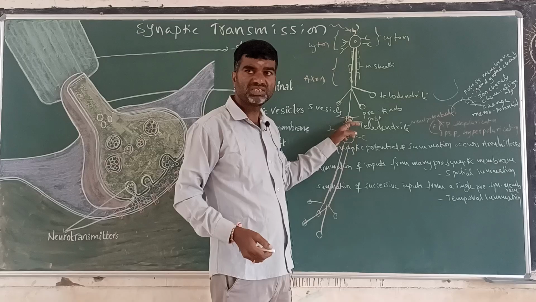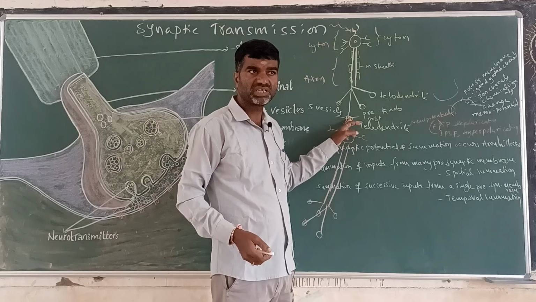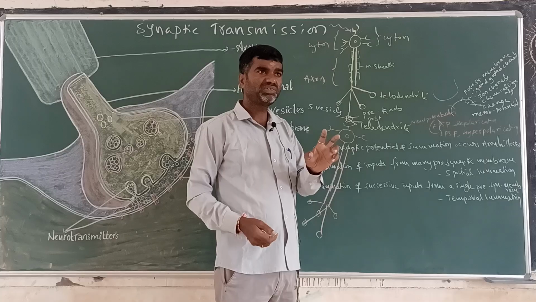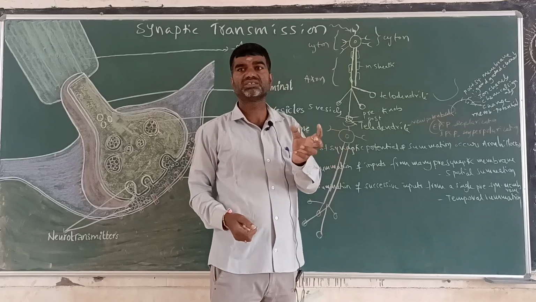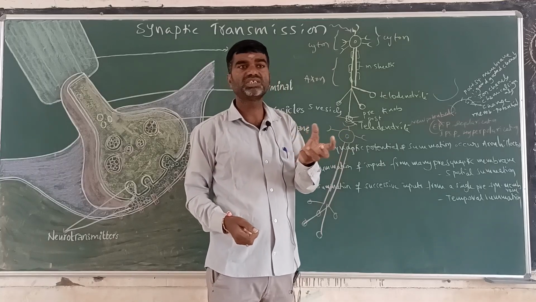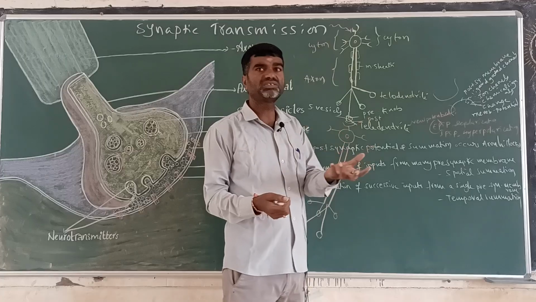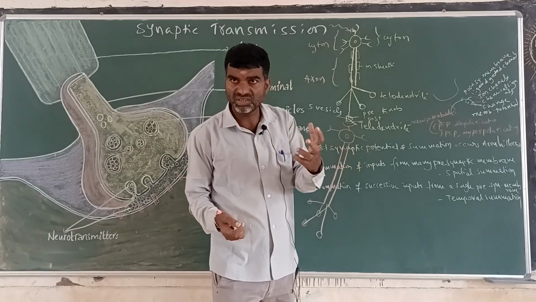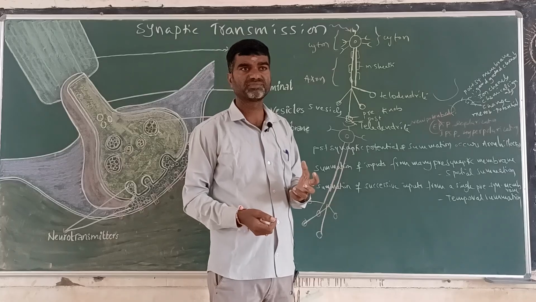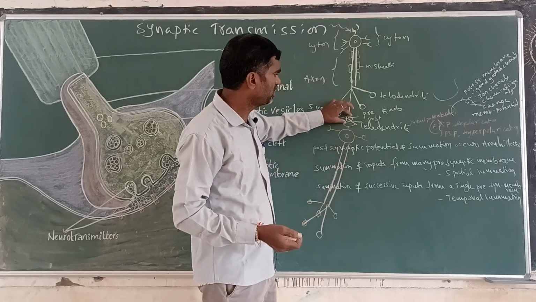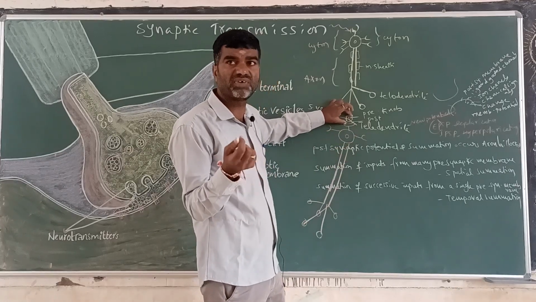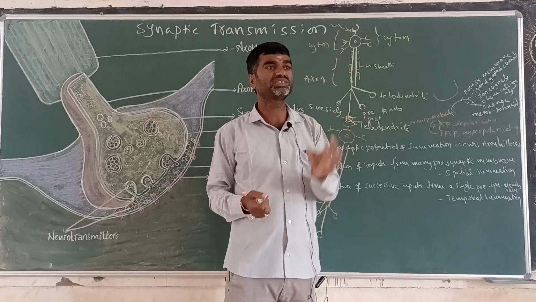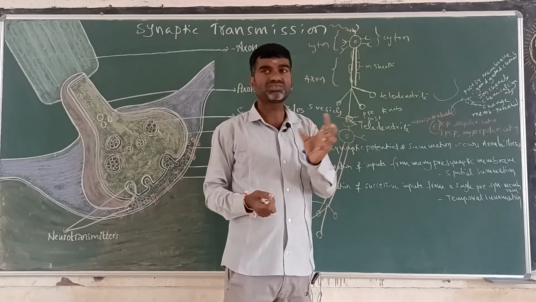When the message reaches the synaptic vesicles, calcium ions are released and stimulate the synaptic vesicles. Then they attach to the membrane, which is called the postsynaptic membrane. In between, the synaptic cleft forms, a structural bridge and functional unit, which is called the synapse.